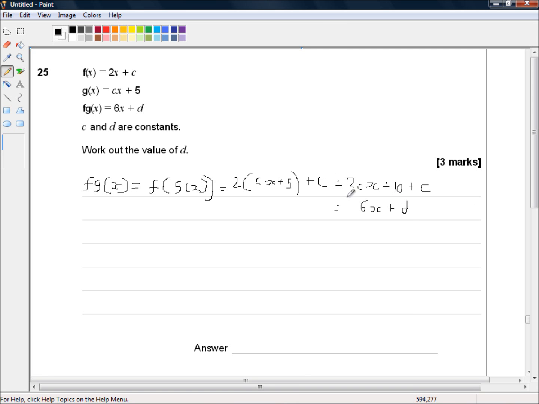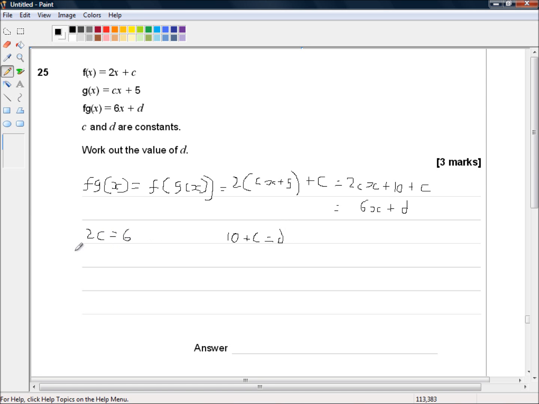So since these two are equivalent, that means that if 2cx is equal to 6x, then 2c is equal to 6. And the other thing we can say is 10 plus c, those are all constants, is equal to the constant d. So we can also say that 10 plus c is equal to d.